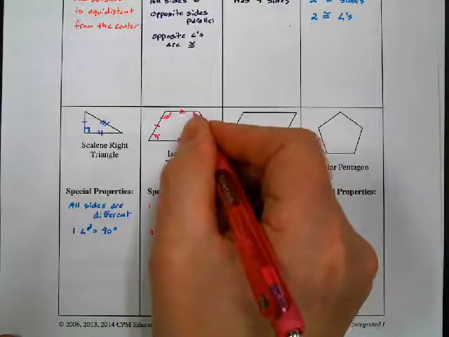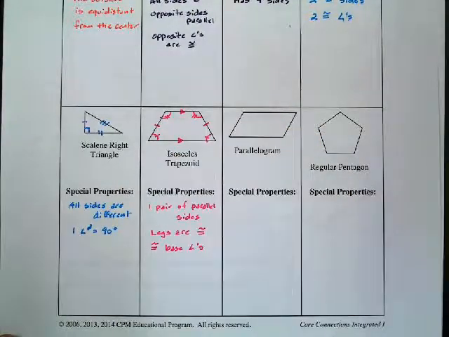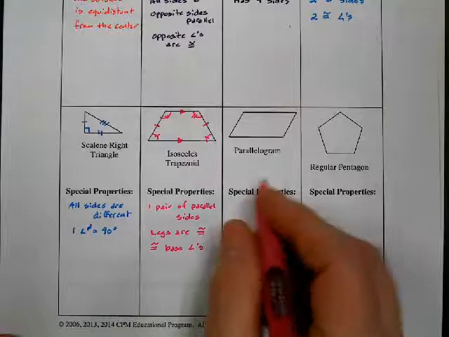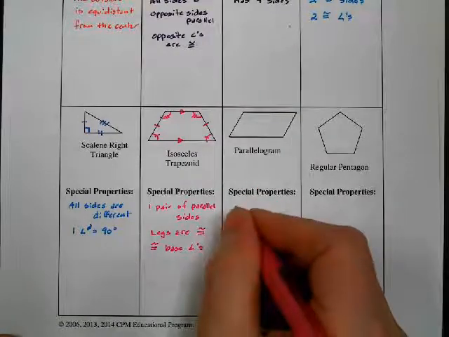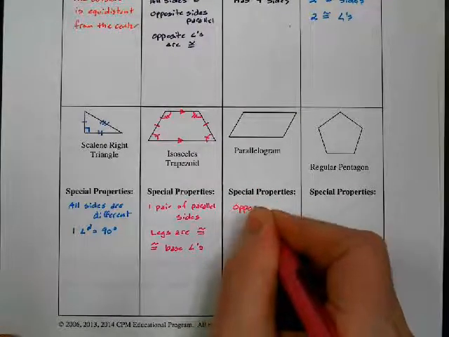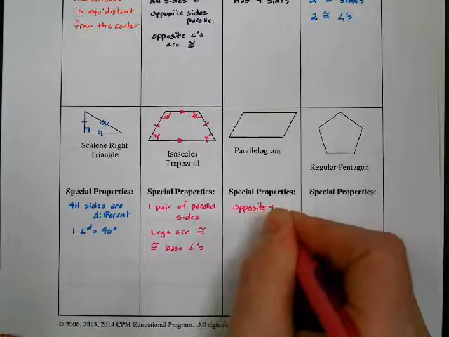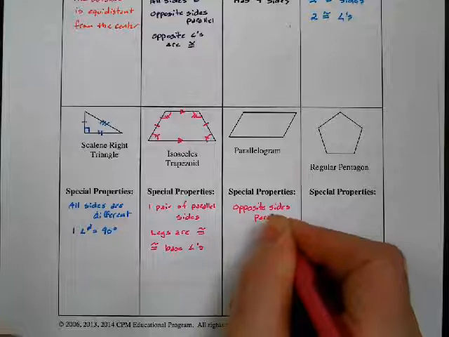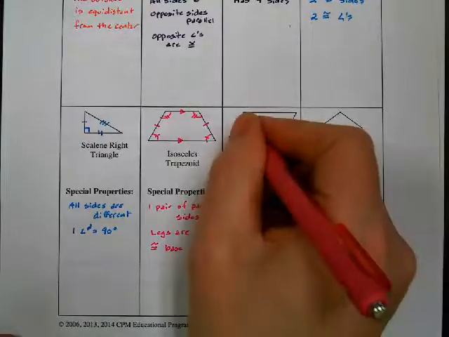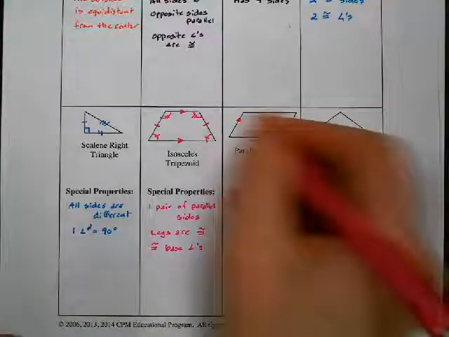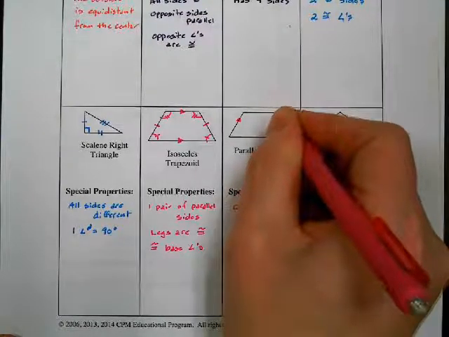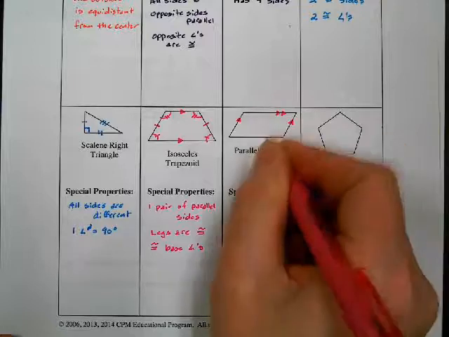Parallelogram. Opposite sides are parallel. That's why it's called a parallelogram. So this side here is parallel to this side here, and this side here is parallel to this side here. We also know that opposite sides are congruent.